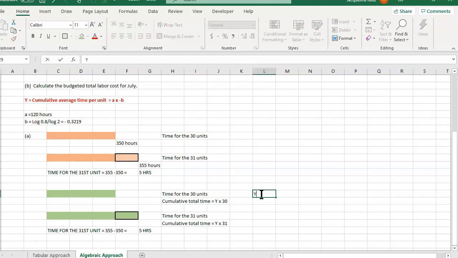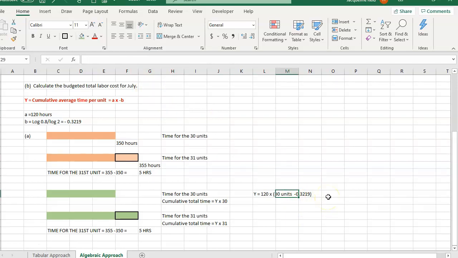So y is equal to 120 units multiplied by 30 units raised to the power of minus b. Now this system is not cooperating, so it's minus 0.3219, close bracket.